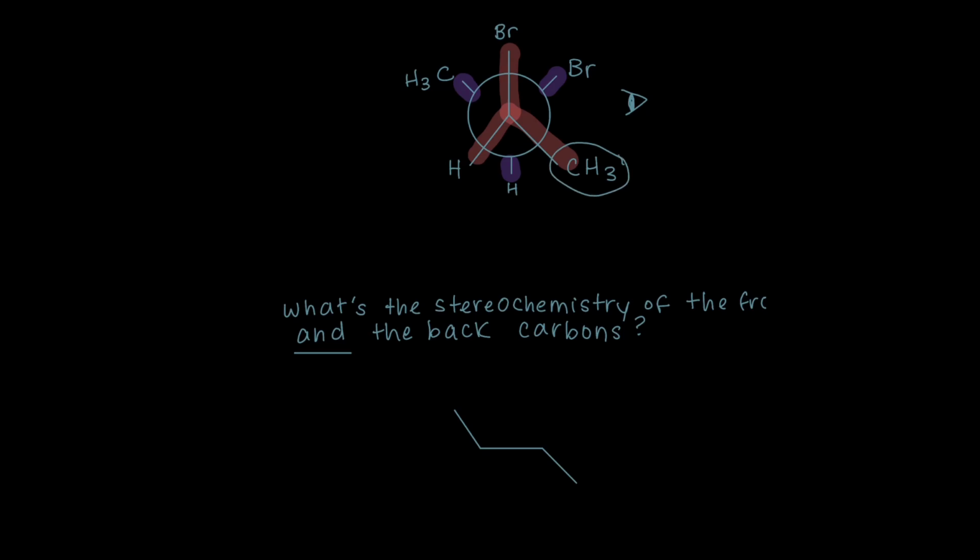This methyl and this bromine, anything on the right side, whether it's the front or the back carbon, is going to be your wedge. Anything that's on the left side is going to be your dash. And then anything else, like these two, the hydrogen here and this bromine, are just going to be your lines, like what you're kind of used to.